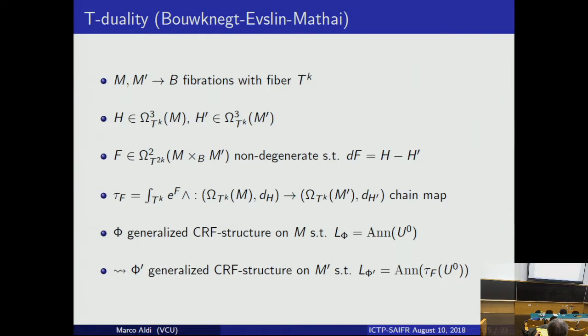And it turns out that the annihilator will be the square root of -1 bundle of another generalized CRF structure. And since this is a chain map, the integrability condition written in this way for generalized CRF structures is going to be satisfied automatically. So T-duality clearly maps generalized CRF structures to generalized CRF structures.